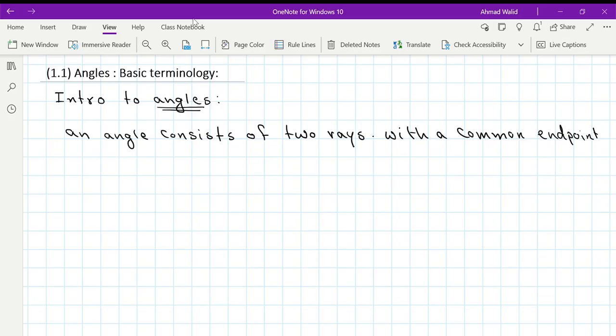Or you can translate common endpoint as the common origin.